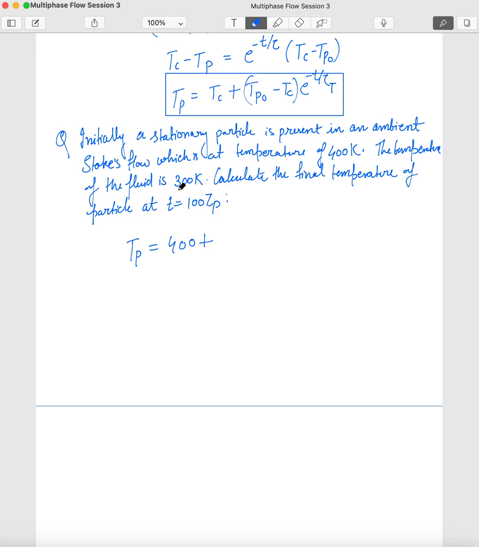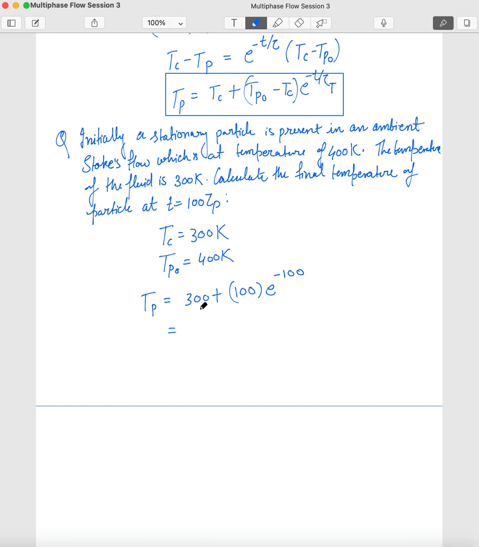The temperature of the continuous phase Tc is 300 Kelvin. The temperature of the particle at t equals 0 is 400 Kelvin. So Tp is 300 plus 100 into e to the power minus 100.